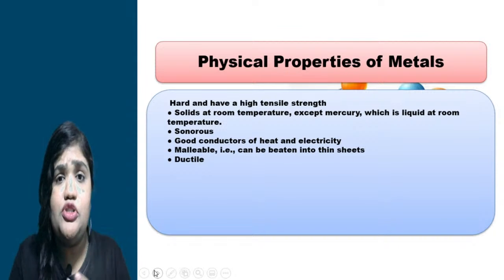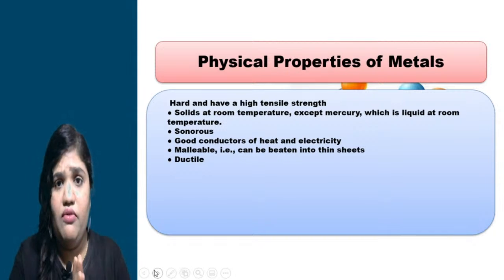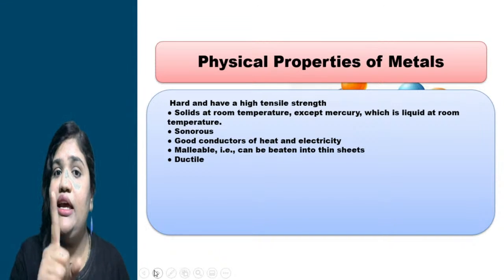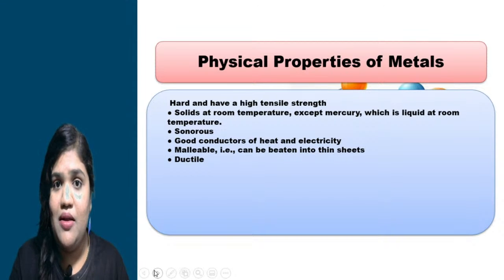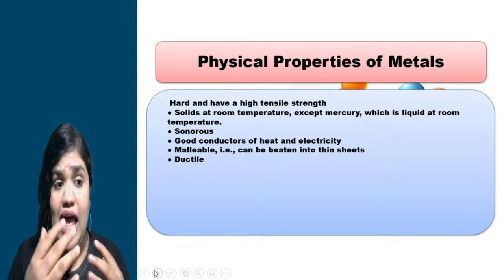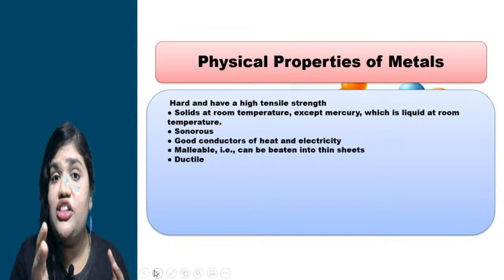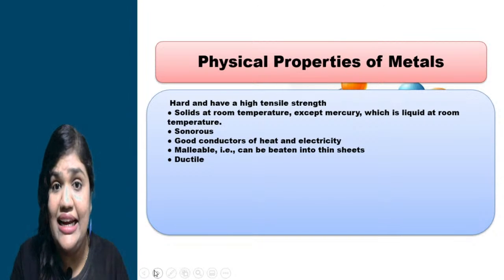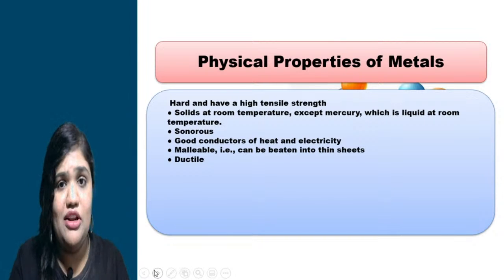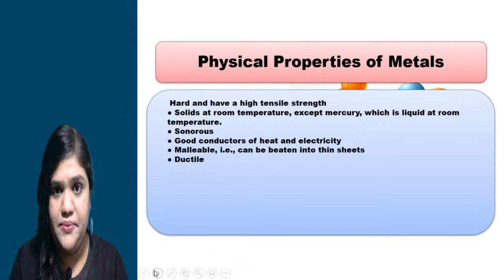What kind of exceptions are present in the physical properties of metals? First one, when we talk about mercury, everybody, you know that mercury is a metal. But do you know, students, as I have told you, metals are generally solid in nature, right? But mercury is the exceptional case for that characteristic.